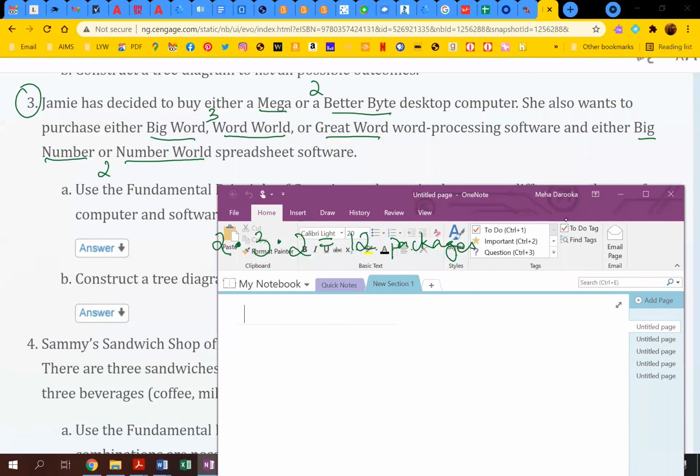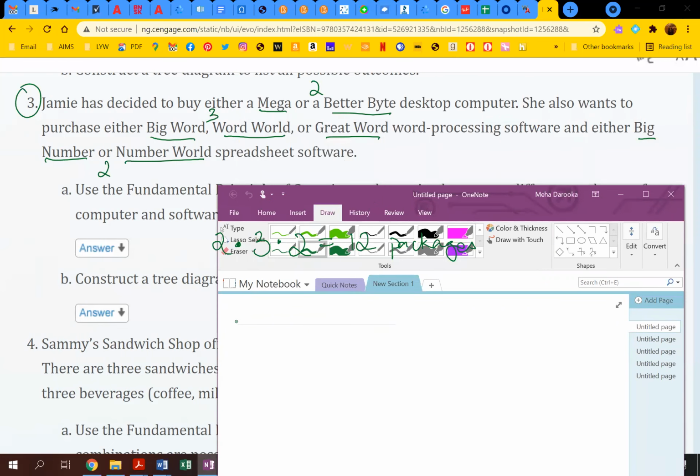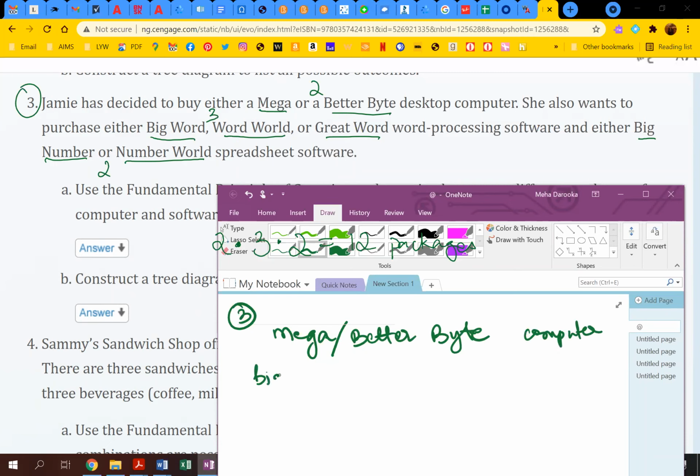So let's see, we've got Mega or Better Byte for the desktop computer. We've got Big Word, Word World, or Great Word.